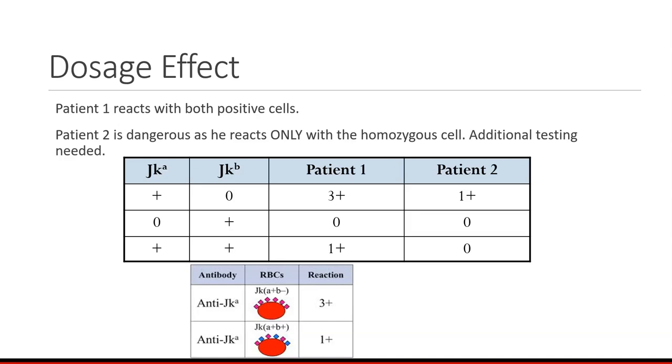Because a 1+, maybe it matches some other antigen, but again, if it doesn't match a specificity with any antigen, immediately think dosage effect, that we're having an antibody that's reacting more strongly with the cell with a double dose, and then negative with a single dose of the antigen.